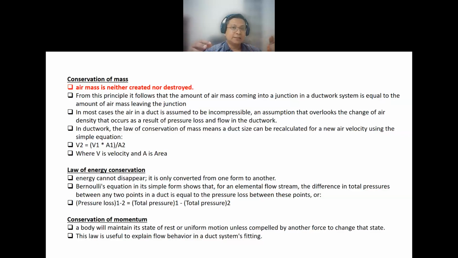So if not balanced, there is maybe head loss. A pressure loss between point 1 and point 2 is calculated from the total pressure at point 1 and the total pressure at point 2. This difference we call pressure loss.